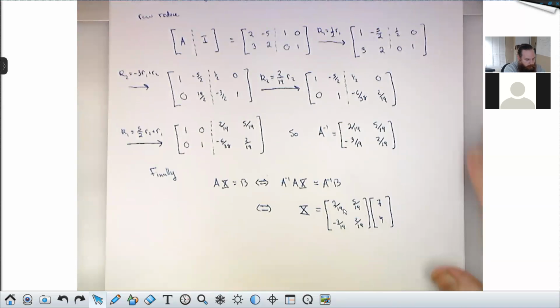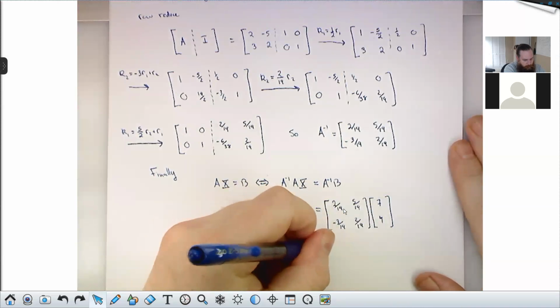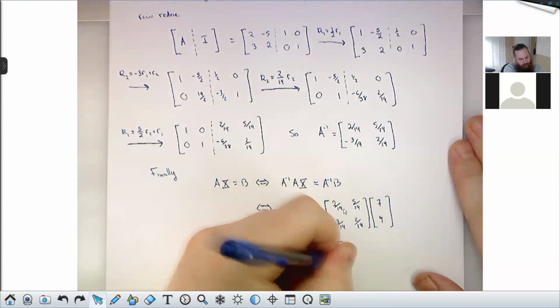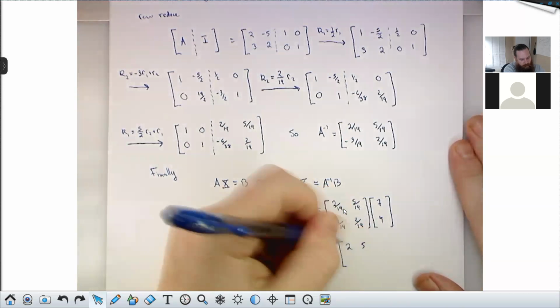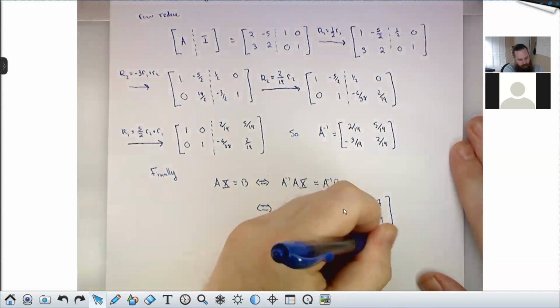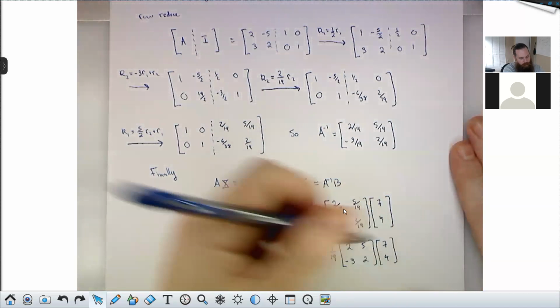Now some good news. There's a factor of 1/19 that can come out here. And that just leaves me with 2, 5, negative 3, 2 times 7/4. That's a lot easier to work with.